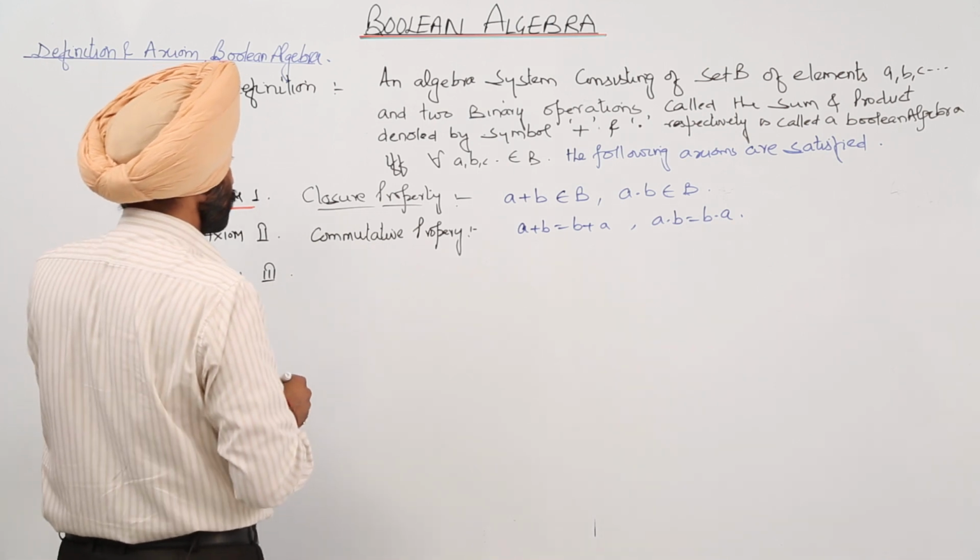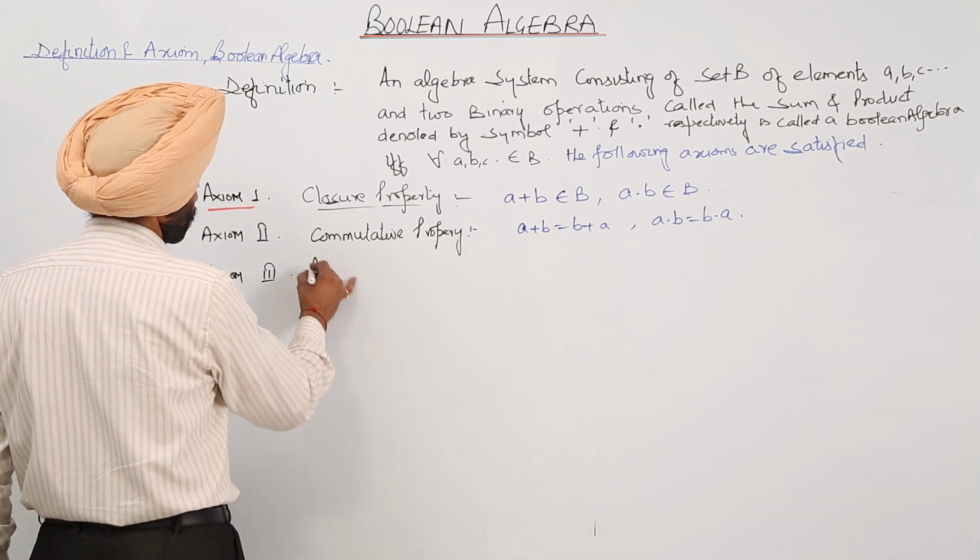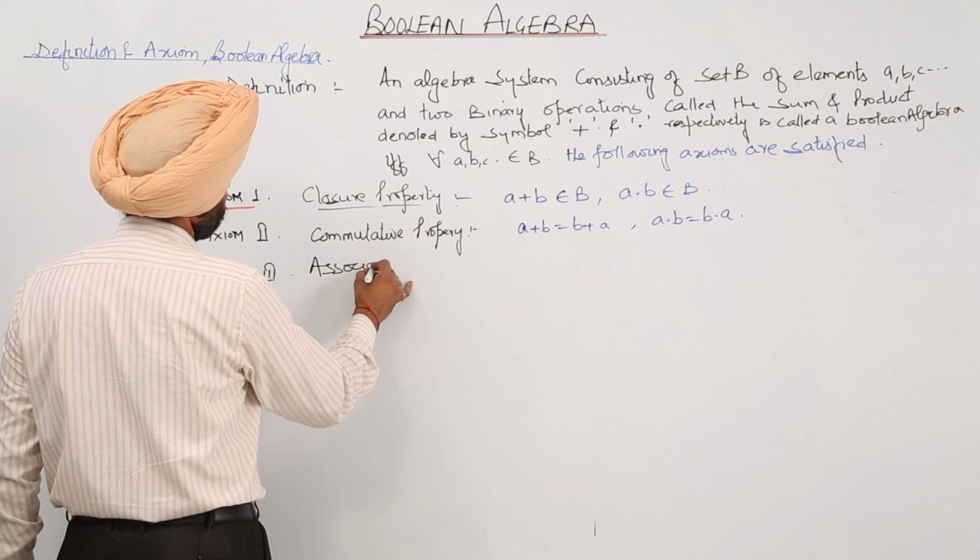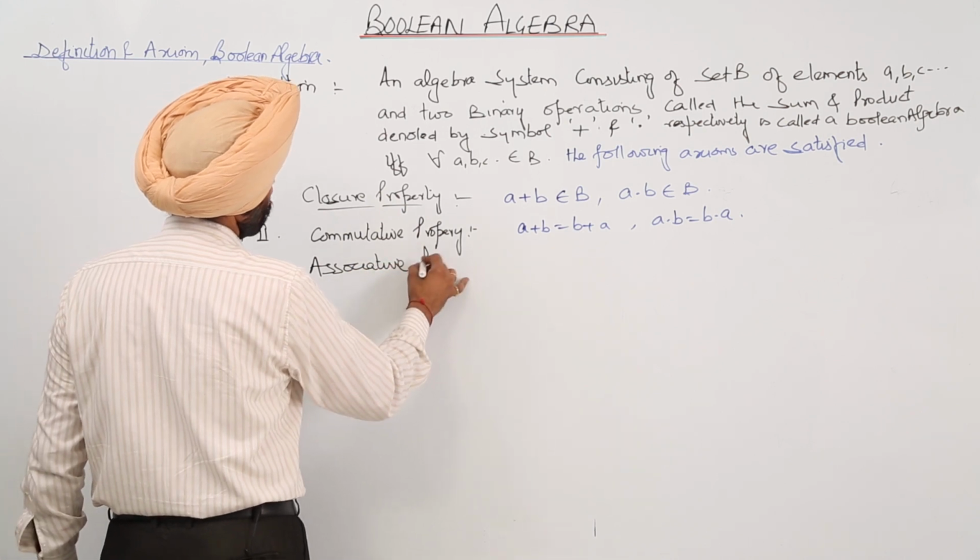Now, we have the closure property, then the commutative property, now the associative property. Associative property.